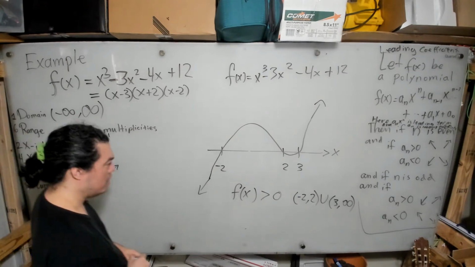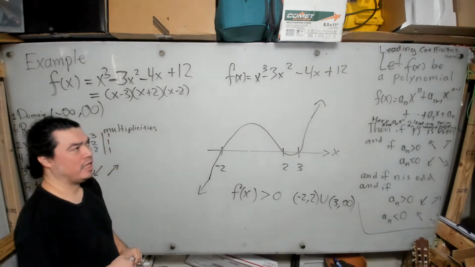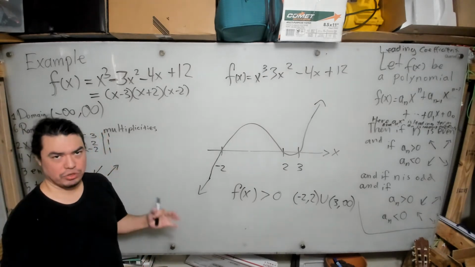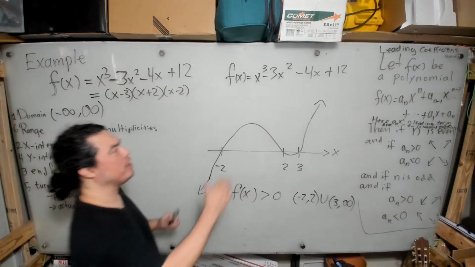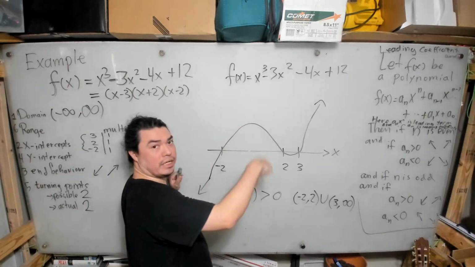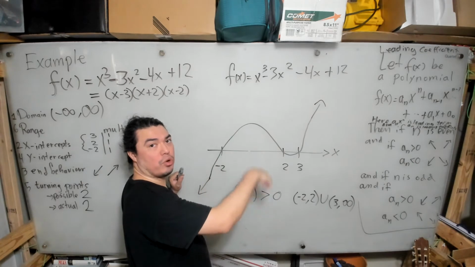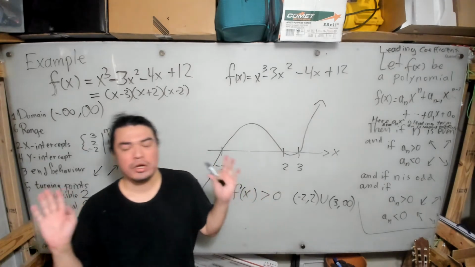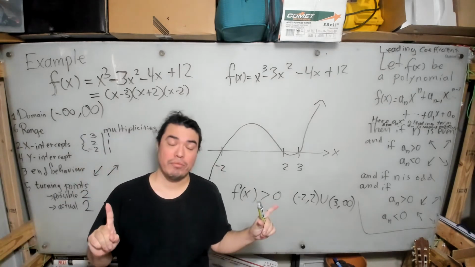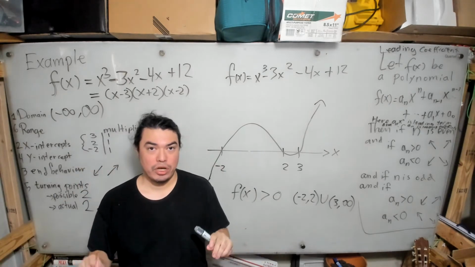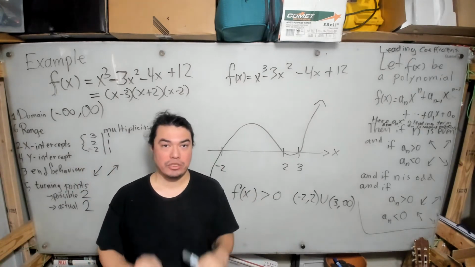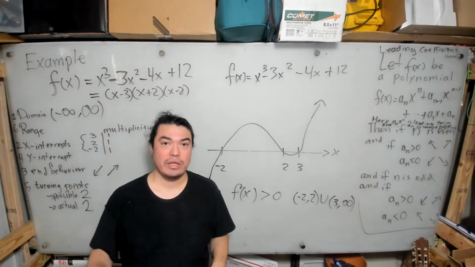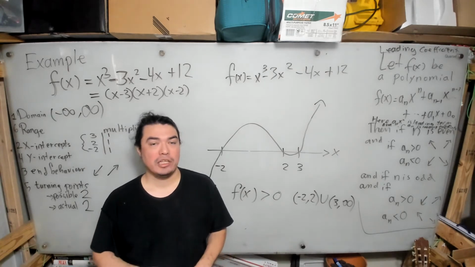And so that's an important guideline also. Whenever you have a cubic, you know it can't turn 3 times. It has to turn 1 less. So remember, the maximum possible number of turning points for a polynomial of degree n is n minus 1, but that is not to say that there will actually be n minus 1 turning points.